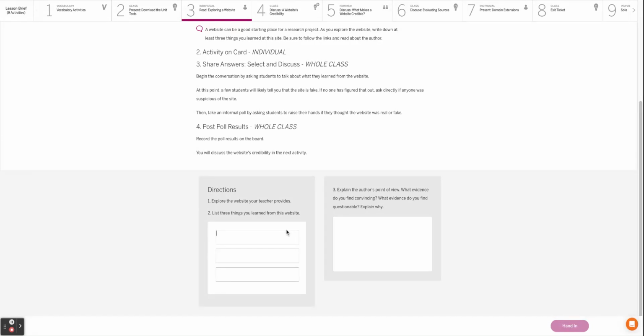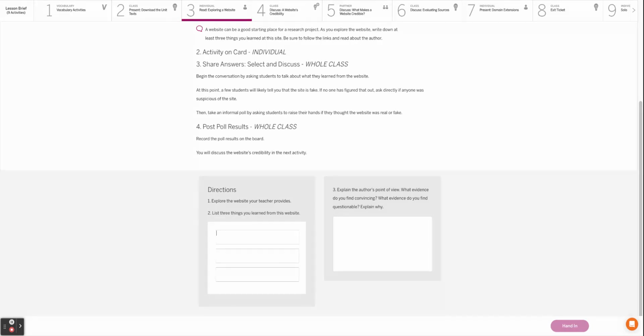All right. So list 3 things that you find interesting that you learn from the website, and then explain the author's point of view. So in that article that you're reading, or you're just skimming over right now, not reading, what do you see for the author's point of view? So what does the author think about?